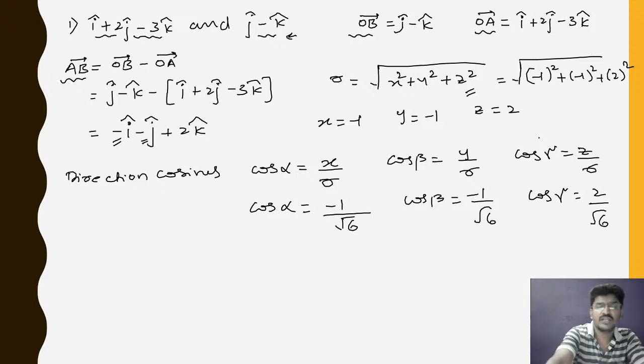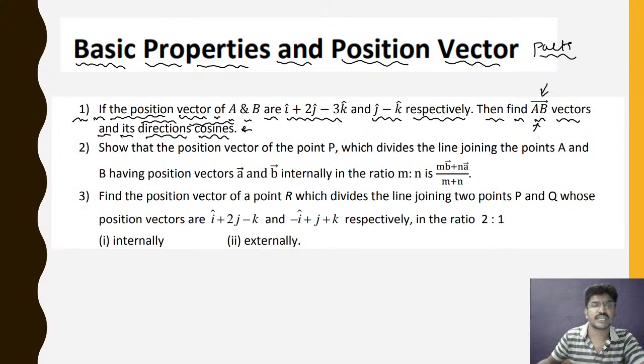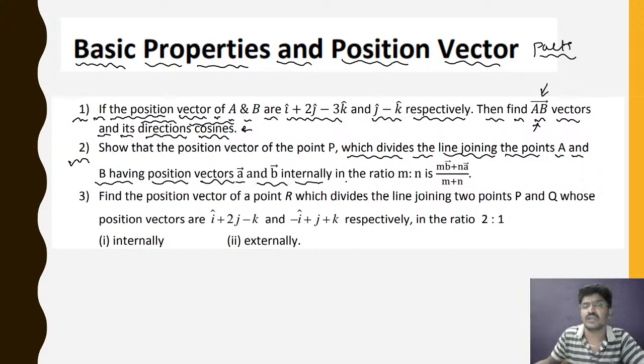Now see the next problem, that is the second one. Show that the position vector of point P, which divides the line joining the points A and B, having position vectors vector A and vector B, internally in the ratio m is to n, is (m vector B plus n vector A) divided by (m plus n).